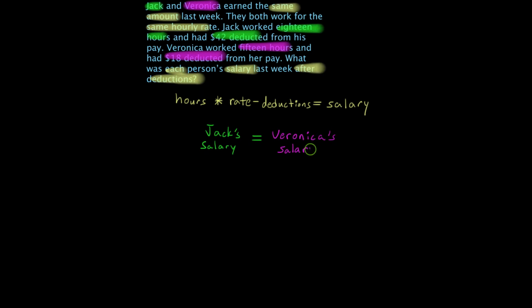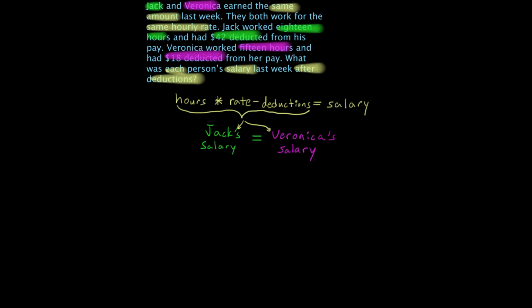So knowing this information, I should be able to take this information here and substitute the known values into both sides of the equation, matching up Jack's salary with his information from the word problem and matching up Veronica's salary with her information from the word problem.